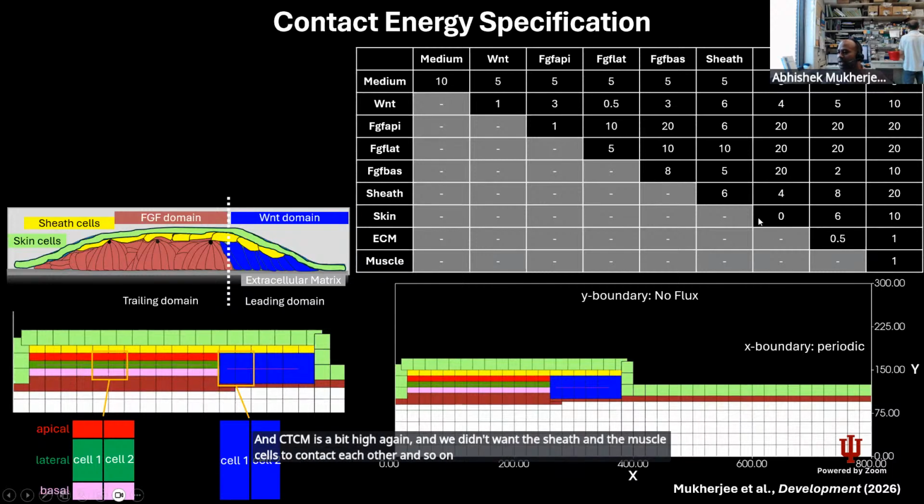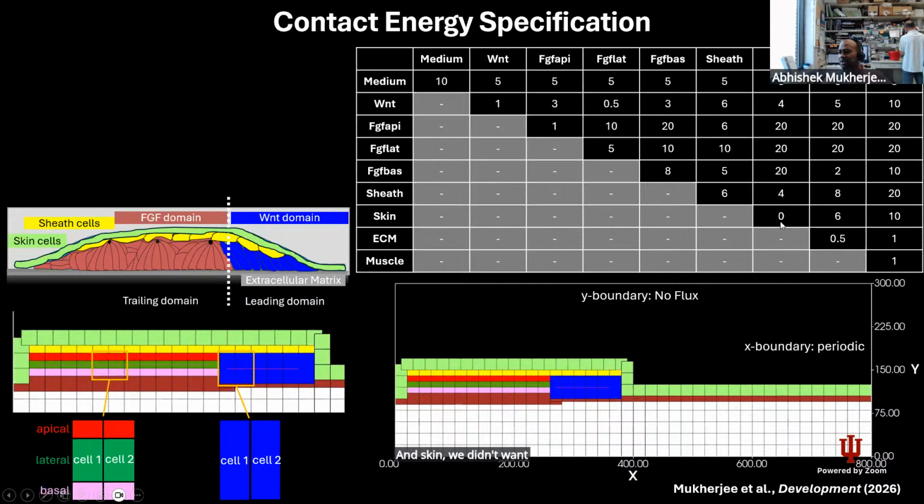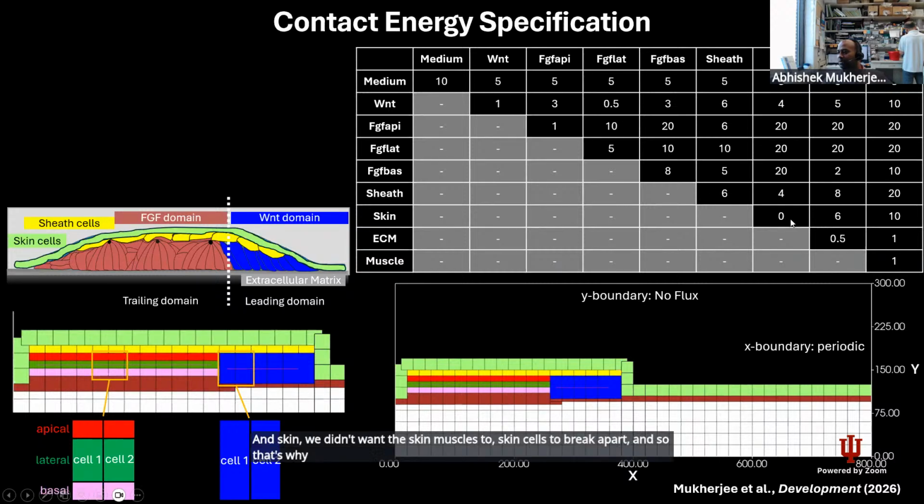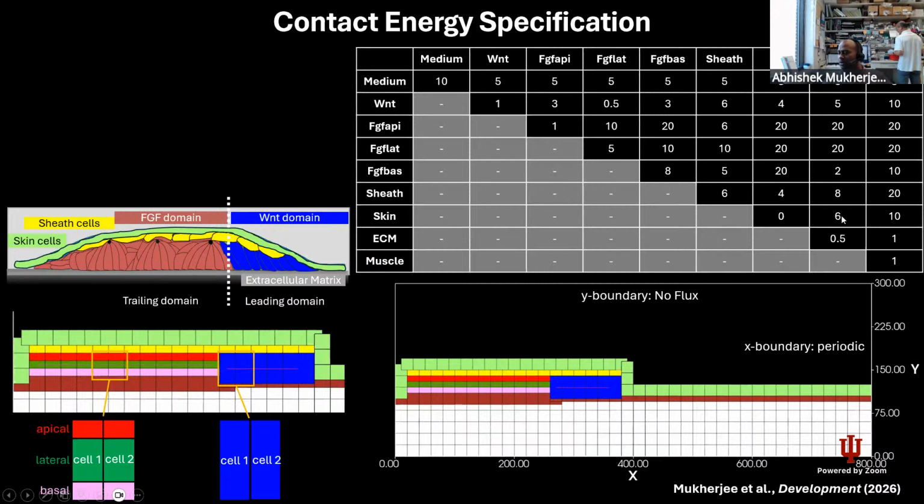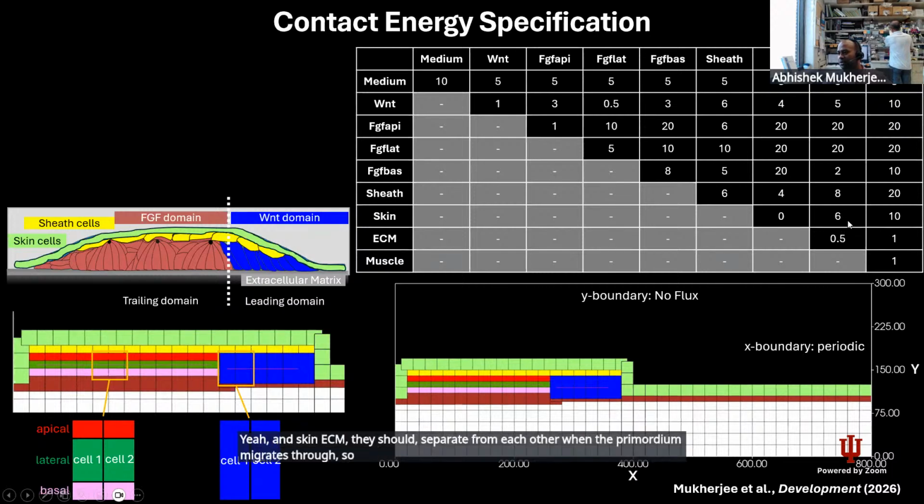And skin, we didn't want the skin cells to break apart, and so that's why we set it to very high adhesivity. Yeah, and skin ECM, they should separate from each other when the primordium migrates through. So it's set to a moderately high adhesion energy.